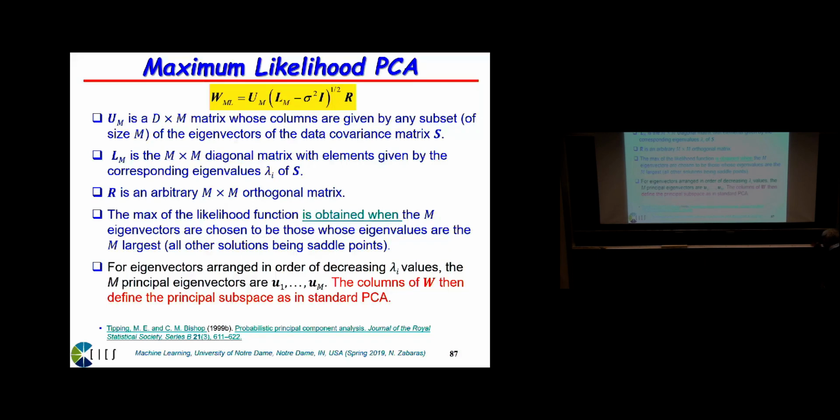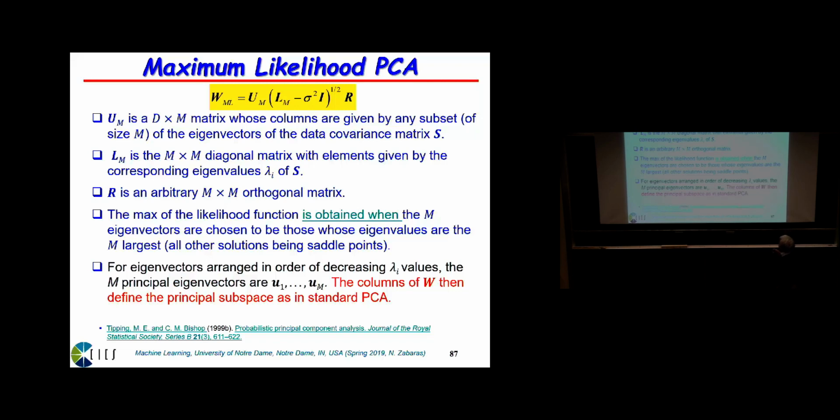And U_m is a matrix that contains the m leading eigenvectors of the sample covariance matrix. Not surprising, right? You remember when we did PCA, what was the principal subspace in standard PCA, where we were doing the projections? The eigenvectors of the sample covariance matrix.